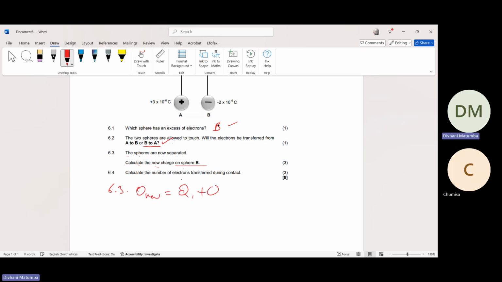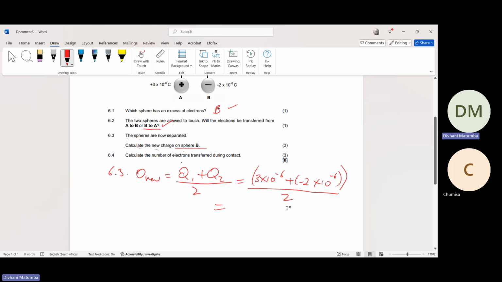Q1 is 3 times 10 to the power of minus 6 plus minus 2 times 10 to the power of minus 6, all divided by 2. And what will be the answer?